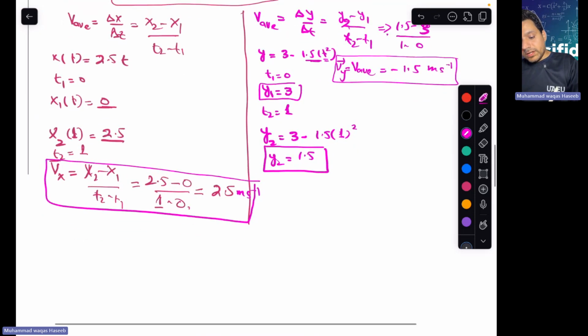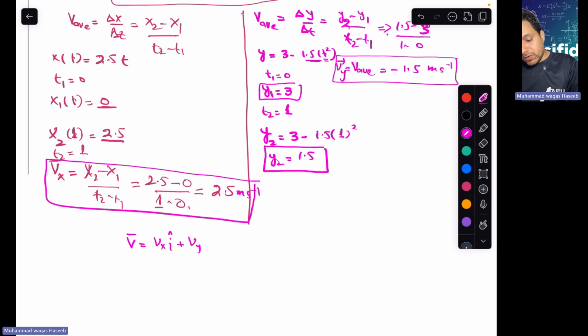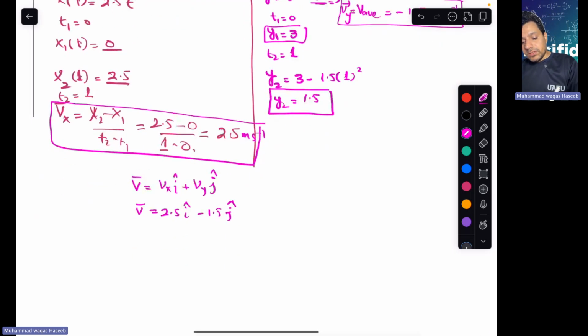So you can write a velocity vector, which is vx i plus vy j, which is nothing but 2.5 i minus 1.5 j. If you are asked to calculate the speed, speed is nothing but the magnitude of the velocity, which could be calculated as the square root of vx squared plus vy squared.